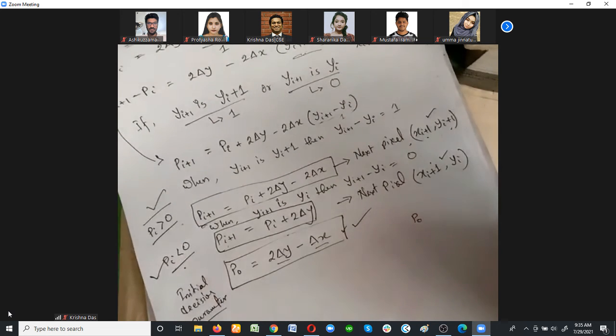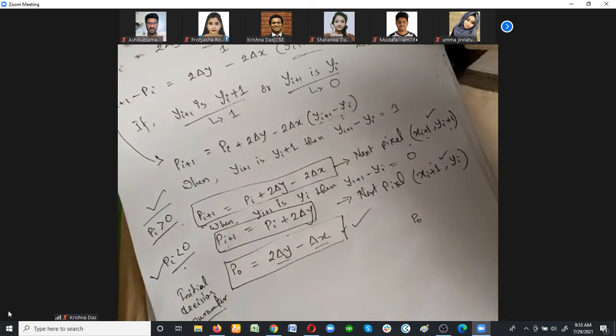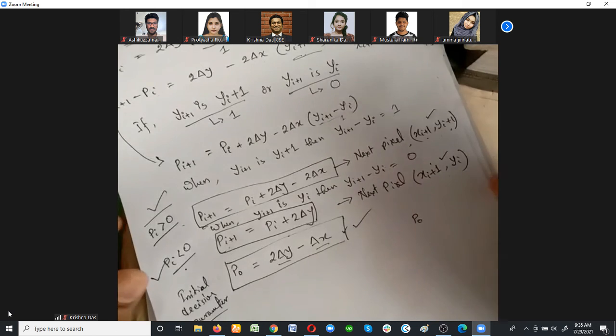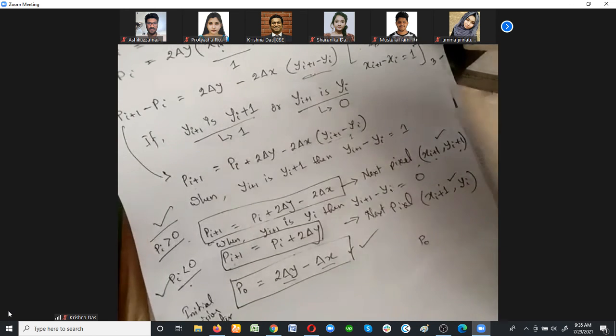So next day we are going to apply this algorithm. We'll write down in one place only the algorithm formulas, and then we will apply them for solving, like finding all the in-between points.